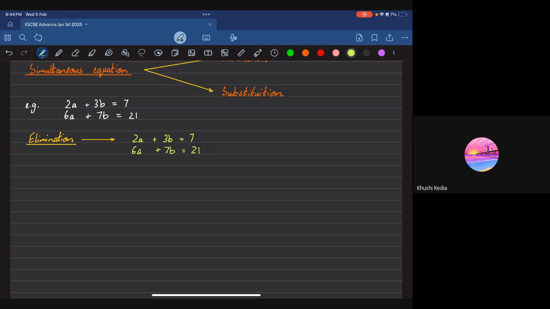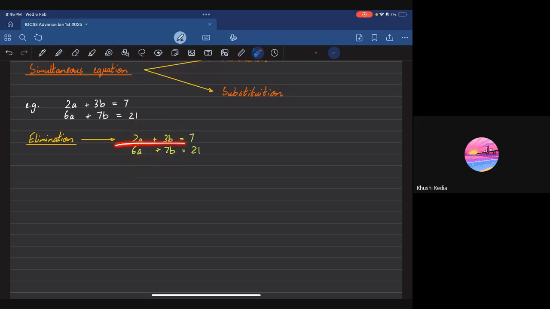Now, technically, what I need to do is eliminate one variable in order to get to a value of the other. And in order to get to that, I need to cancel the variable out. But the problem is that my variables cannot be cancelled out.